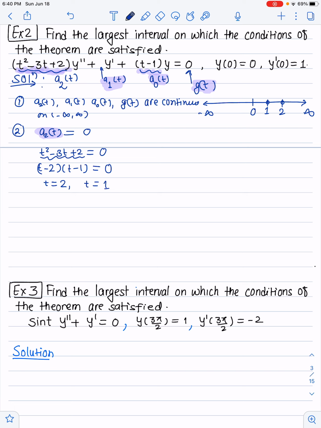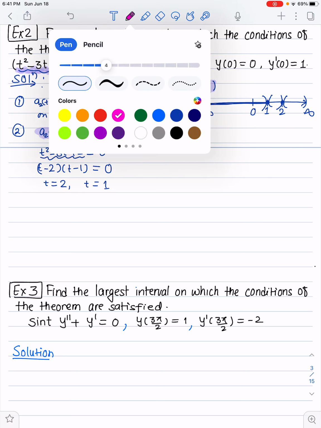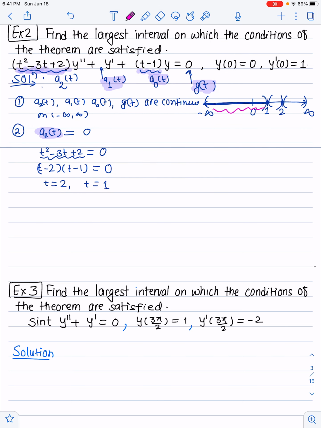So except these two points, on this interval, that means from negative infinity to 1, 1 to 2, and 2 to infinity, a2(t) will not be 0.